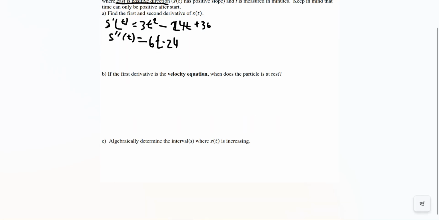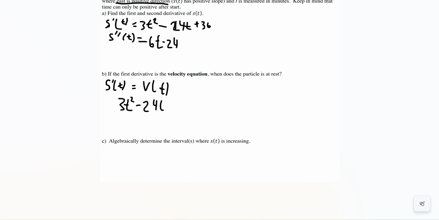Moving on. If the first derivative is the velocity equation, when is the particle at rest? So this is saying that s prime of t equals v of t, so that means v of t is going to be the equation up here. We're going to find out when this function equals 0, because a particle at rest means that there is no velocity.